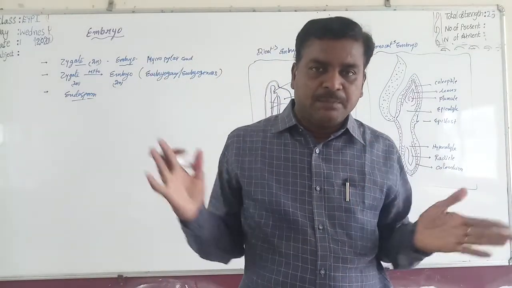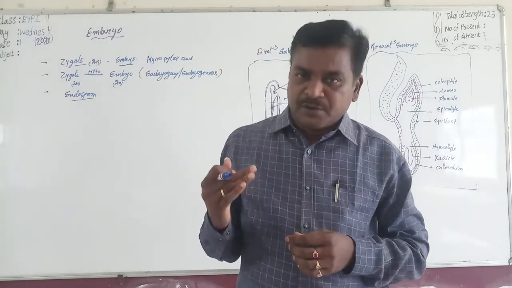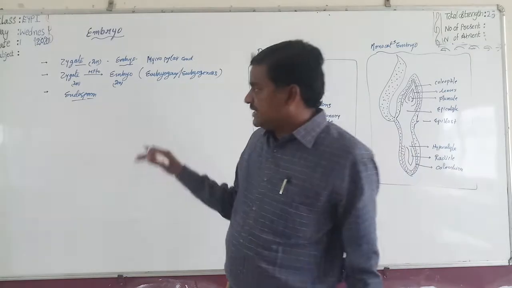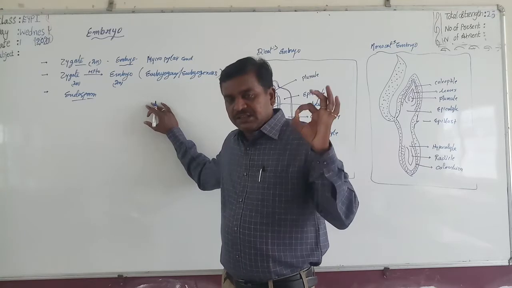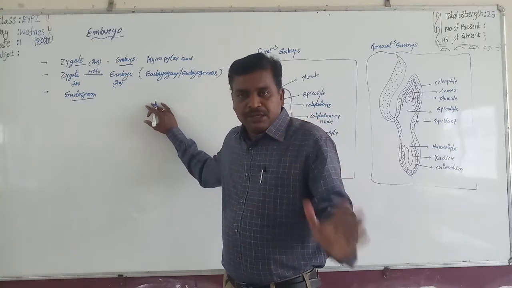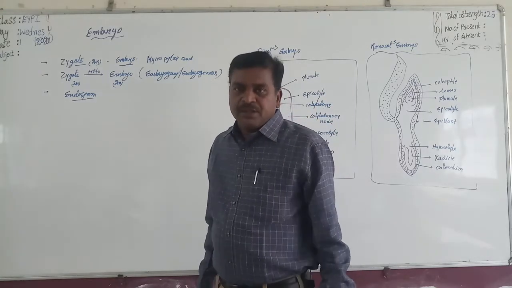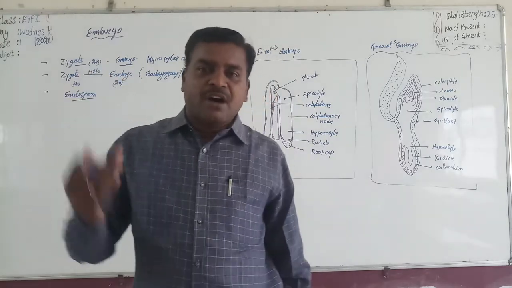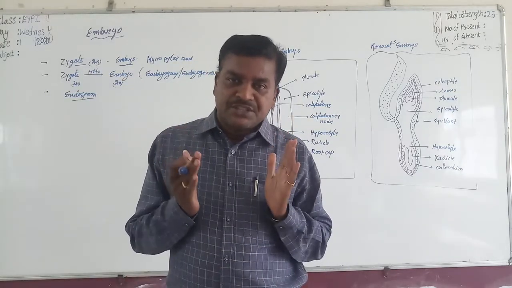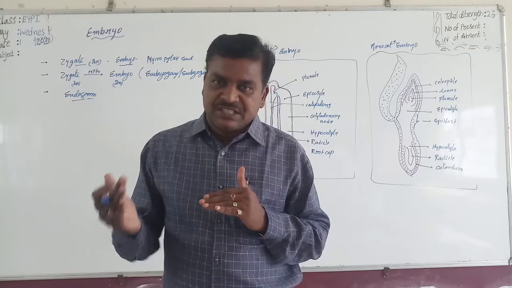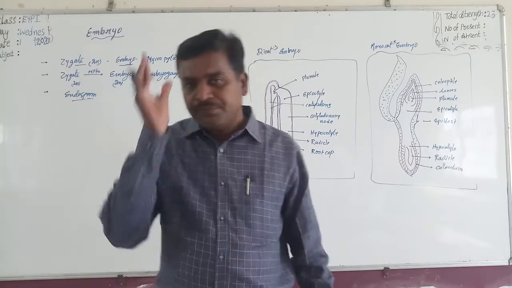Endosperm is triploid, and it is a post-fertilization product in angiosperms. Endosperm is the food for the developing embryo, so the formation of endosperm precedes the formation of the embryo.